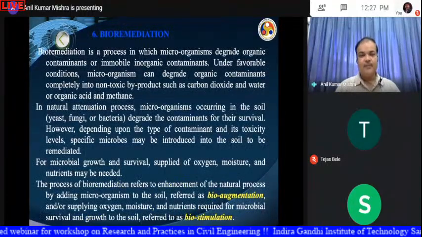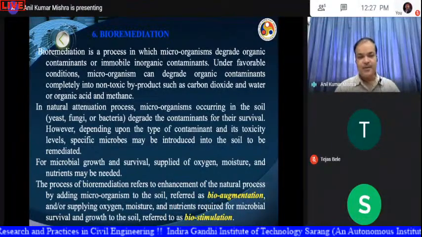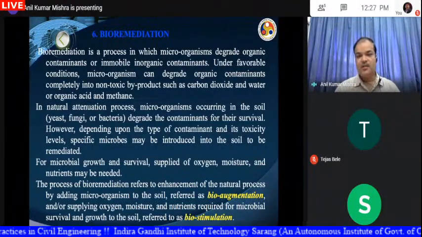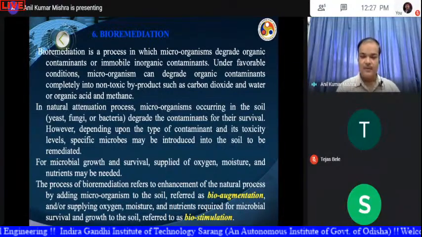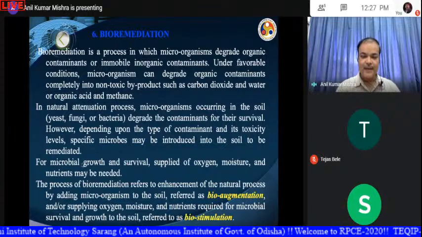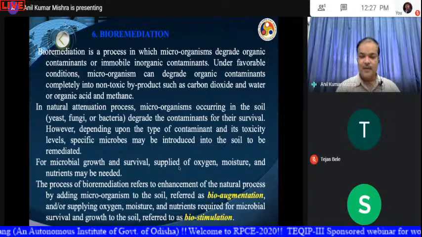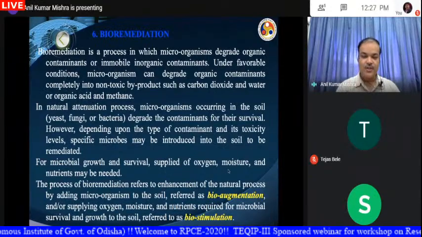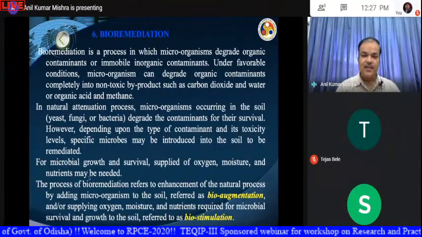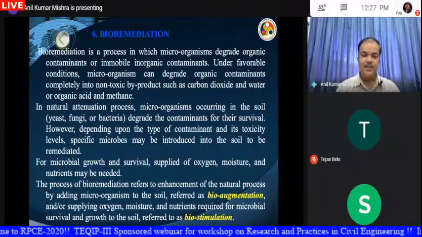Another method is called bioremediation. In bioremediation methods, microbes are used to remove the contaminant from the soil. So we have to inject some microbes into the soil, and we have to supply some oxygen, moisture and nutrients so that it can easily react with the soil and speed up the reaction.